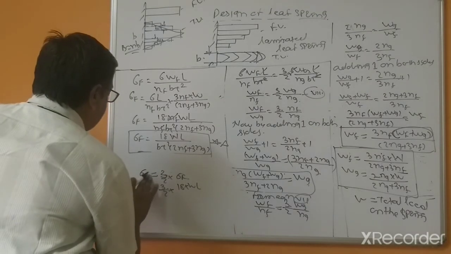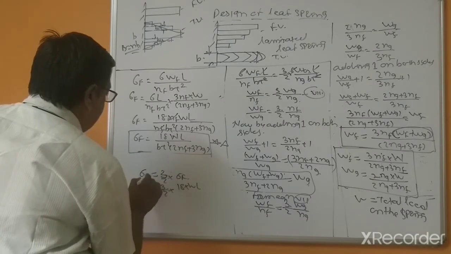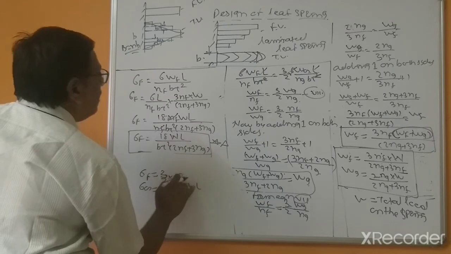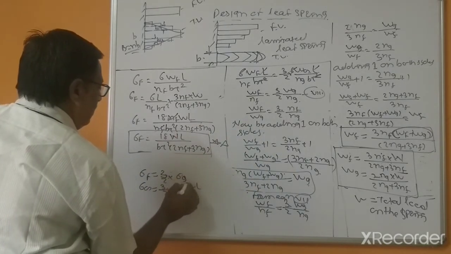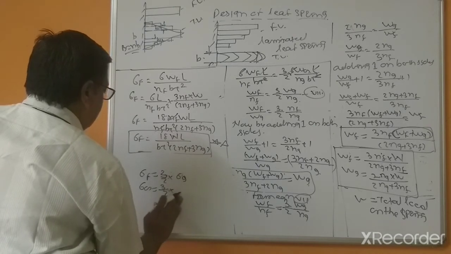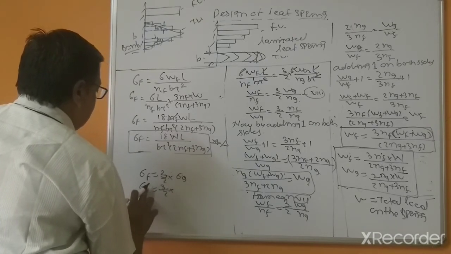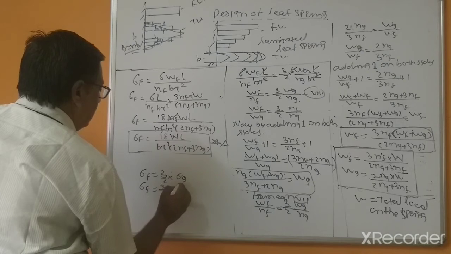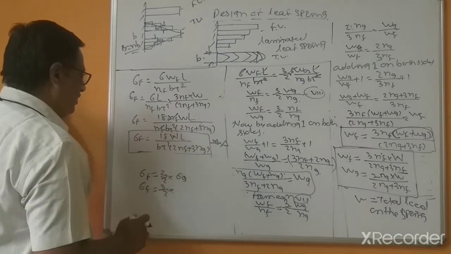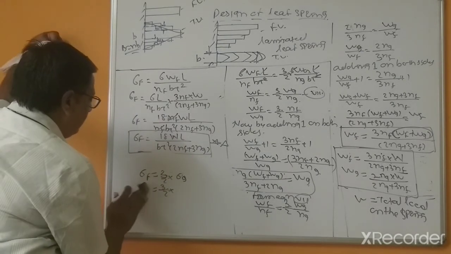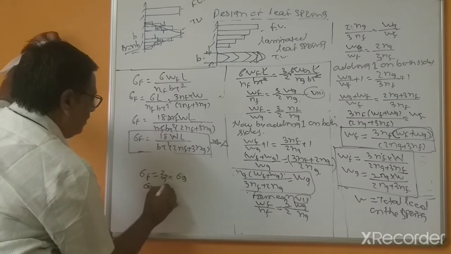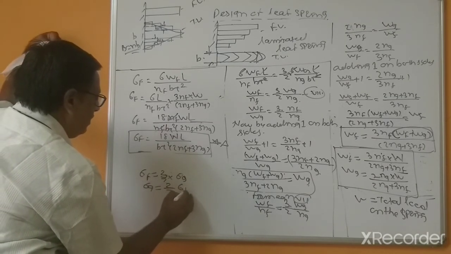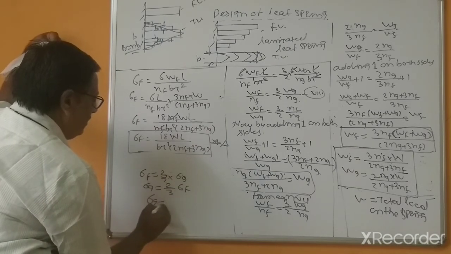Sorry, this is actually σf equal to, and this is σg. So we can put σg equal to 2/3 of σf.